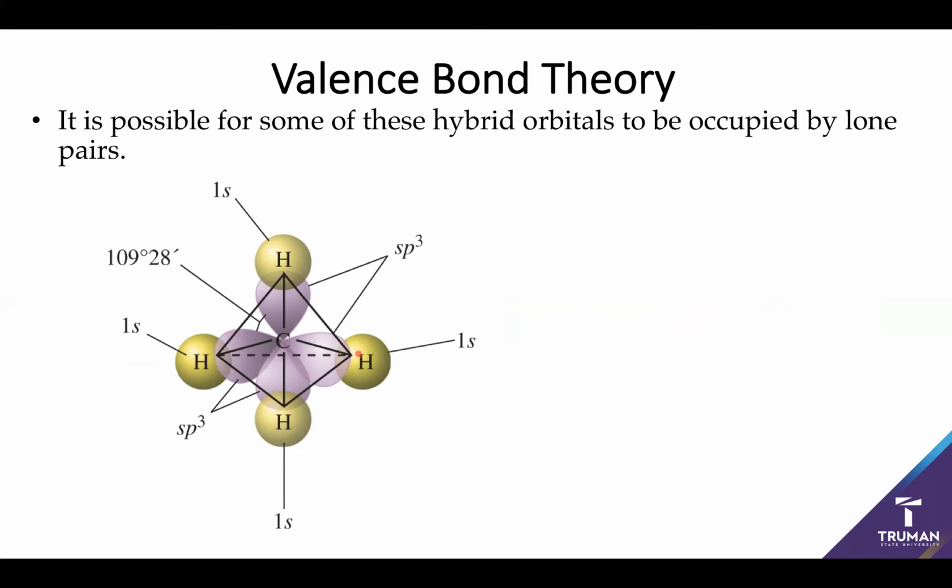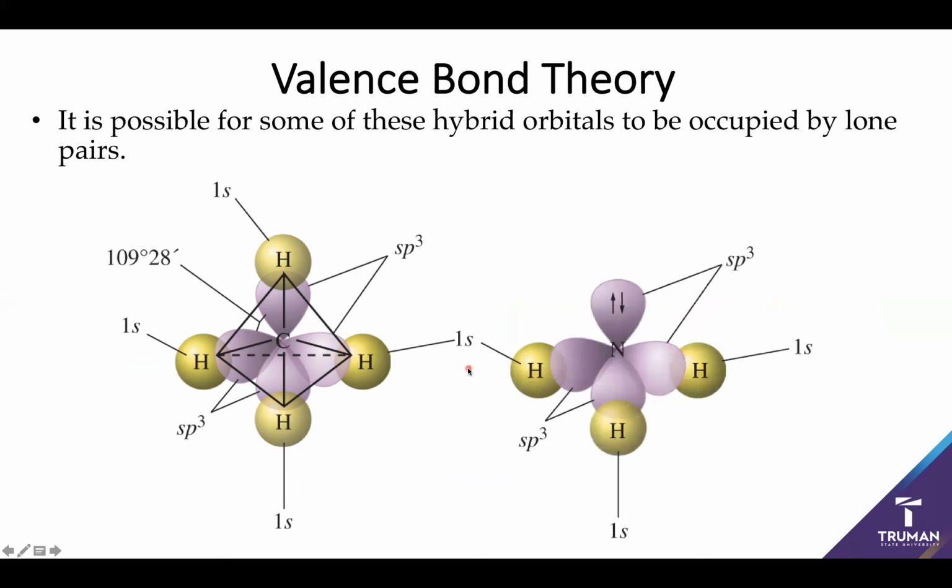However, it turns out carbon isn't the only species that forms these sp3 orbitals. Because don't forget, these sp3 orbitals can also be occupied by a lone pair. A lone pair still ends up creating an electronic domain. And in this case, I end up generating, say, a species like ammonia, where I now have a lone pair occupying one of my sp3 orbitals. Because one of the key features here is that all of this is based on the idea of electronic repulsion.